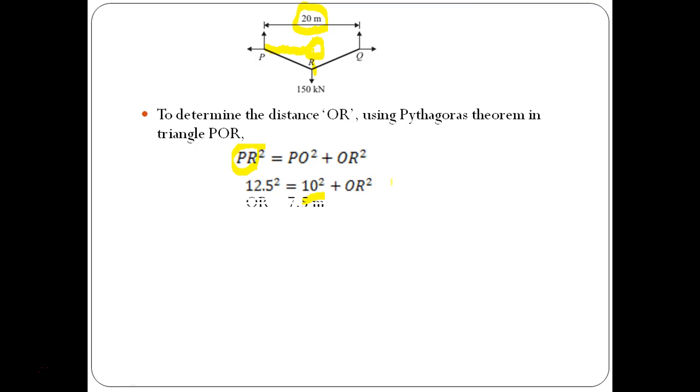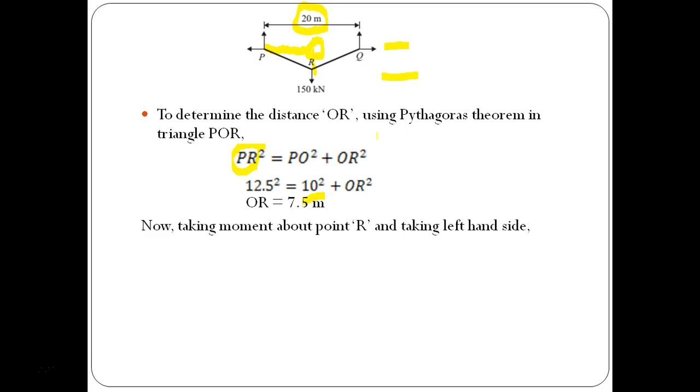So from here we can easily calculate OR equals to 7.5. So we got here vertical distance, this is equals to 7.5.